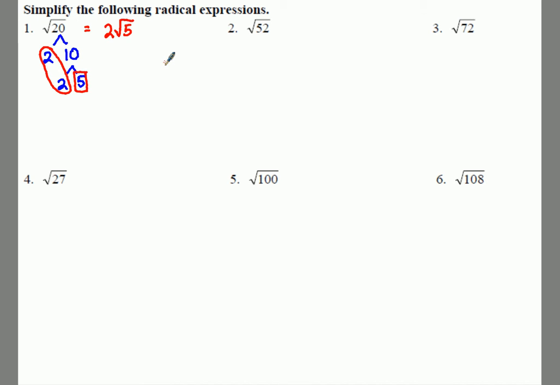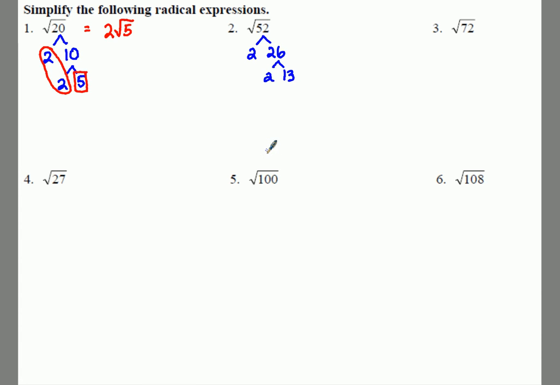Let's try the same thing on number 2. 52 is not a perfect square, so we will just split this up. It's an even number, so it can be divided by 2. So we have 2 times 26. 2 can't be reduced any further. 26, however, is even, so we have 2 times 13.